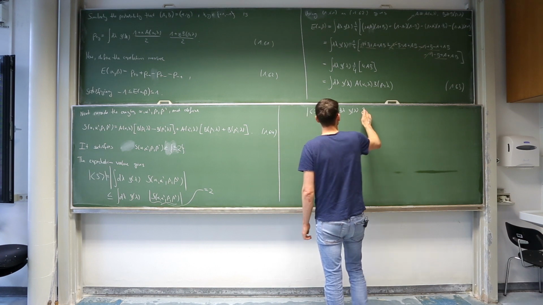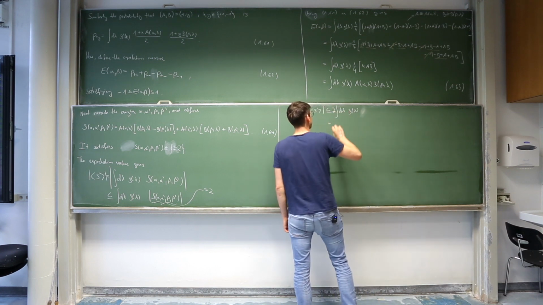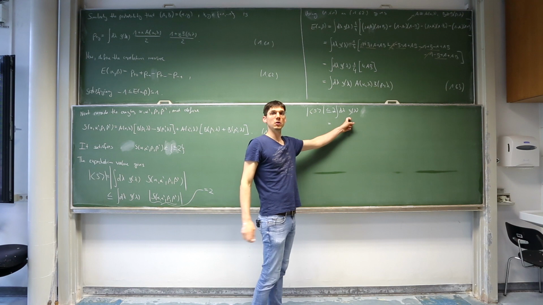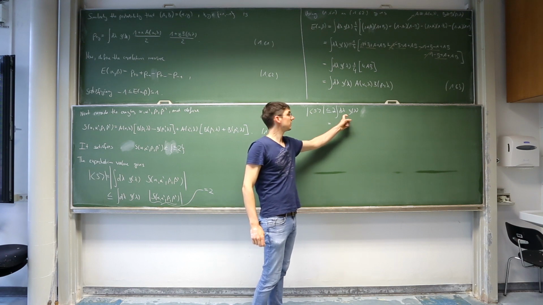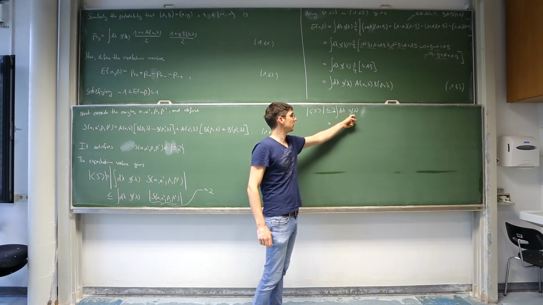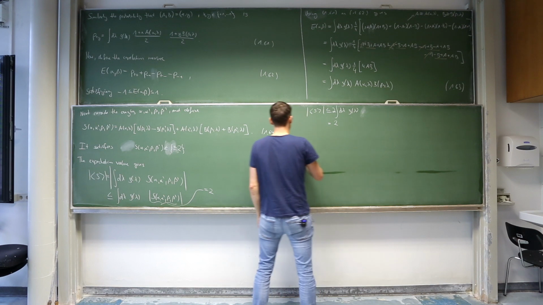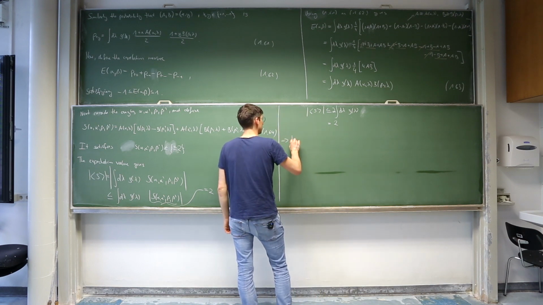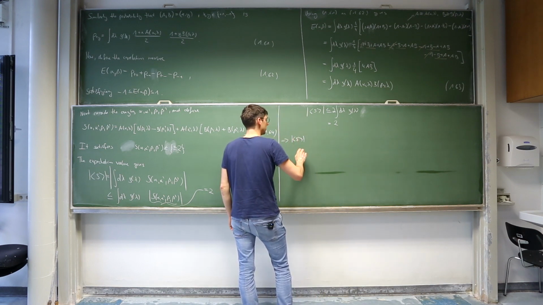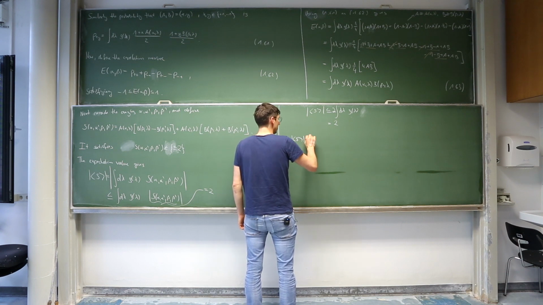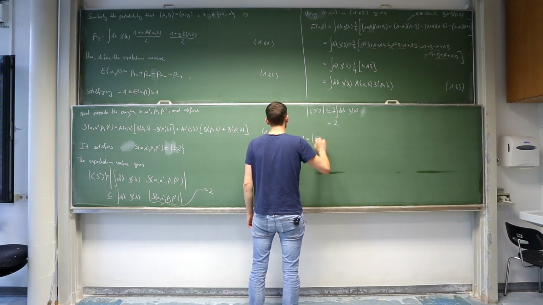I can put the 2 in front of the integral, and this integral we know: if we integrate over the probability distribution, it's 1, so it's 2.